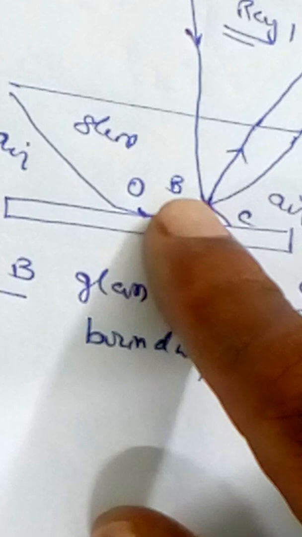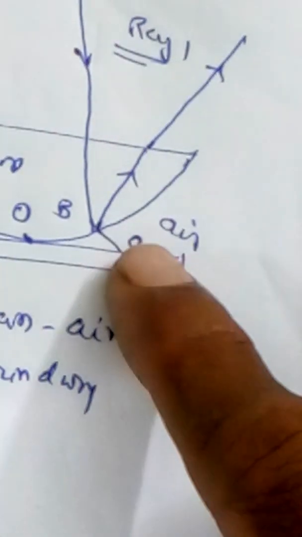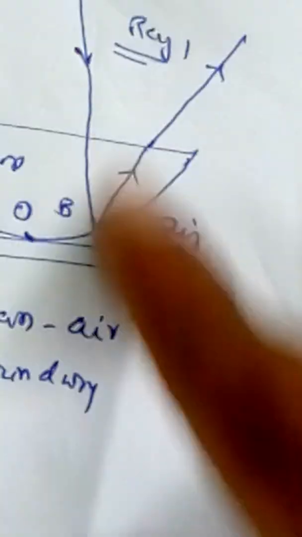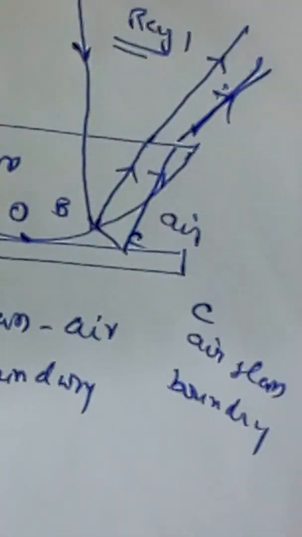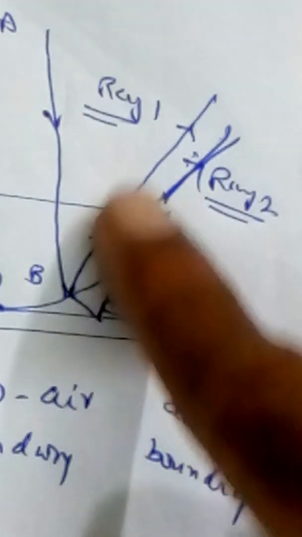When you say B, it is coming from glass to air. When you say C, it is again going back to glass, that is air to glass. Now here, it gets into the glass and emerges out. Let us call this ray 2. These two will interfere to form the fringes.